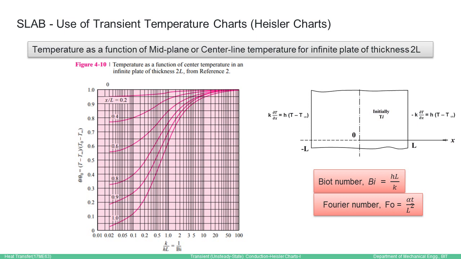But here T naught is the mid plane temperature. So for any value of x, find the corresponding value of x by L, and given the calculated Biot number and then 1 by Biot number on the x coordinate, you can find the corresponding value of theta by theta naught.